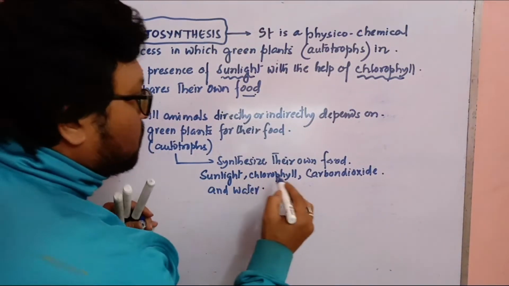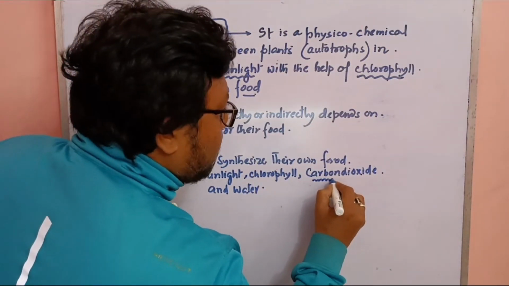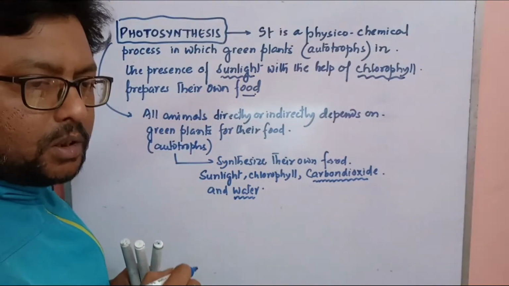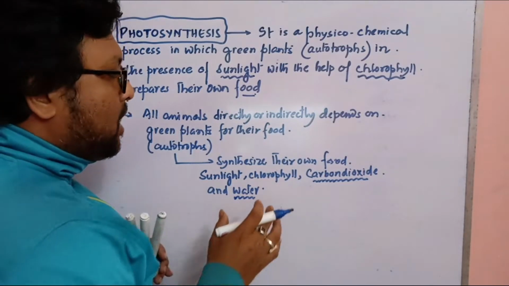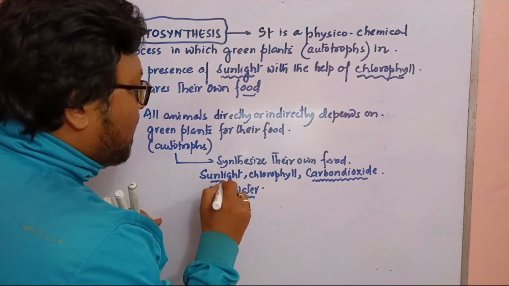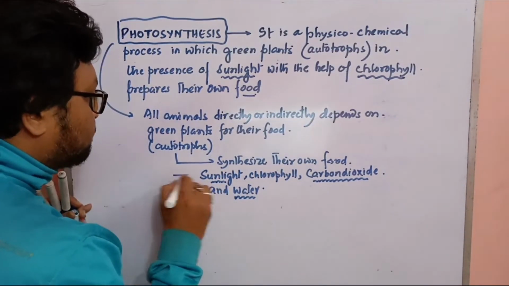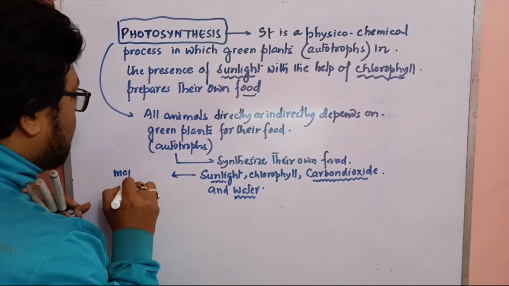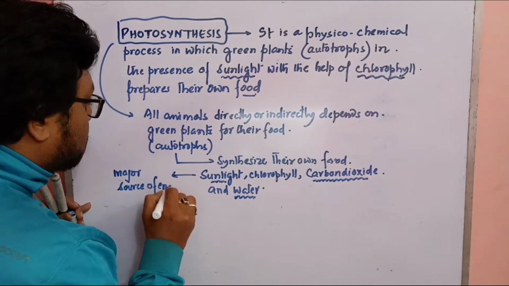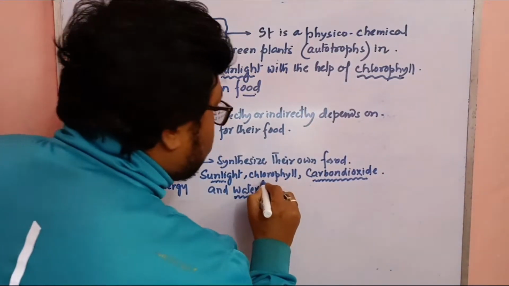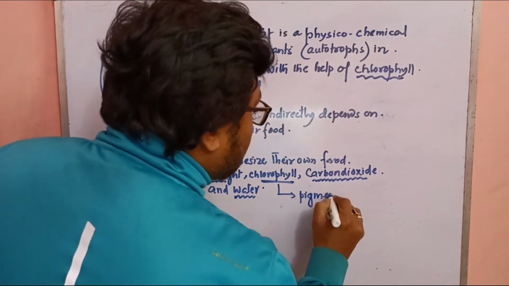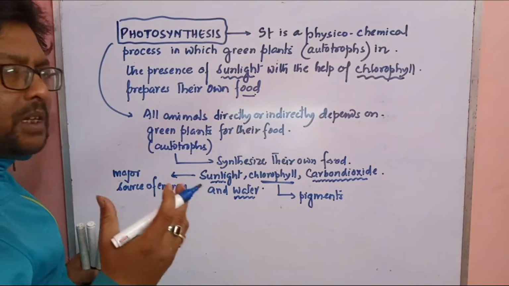Okay, so these are the components that are used during photosynthesis. In this process, sunlight is the major source of energy. Now chlorophyll is basically the pigment. These are pigments that absorb sunlight.